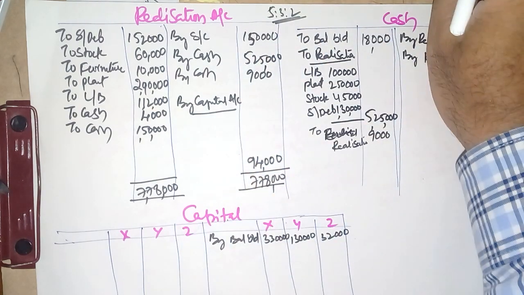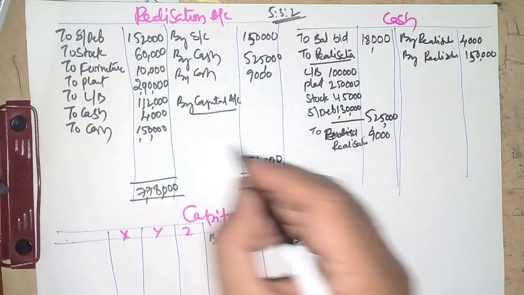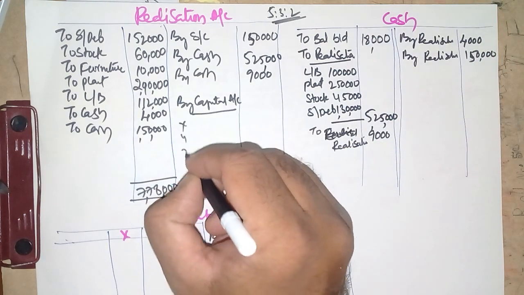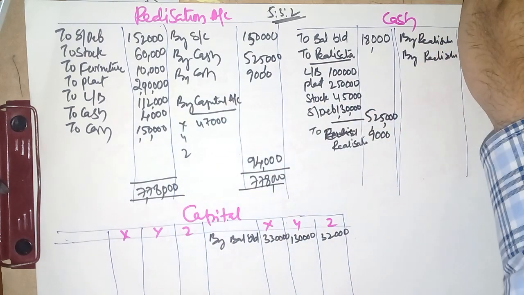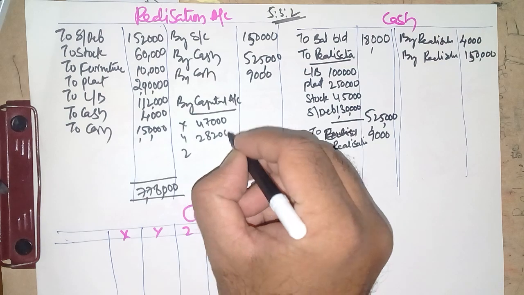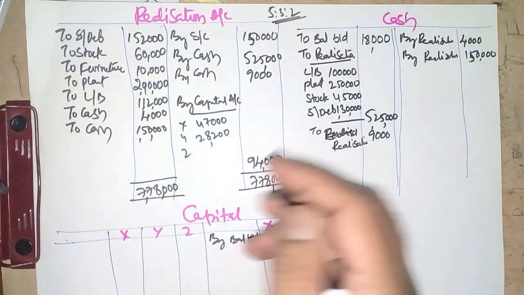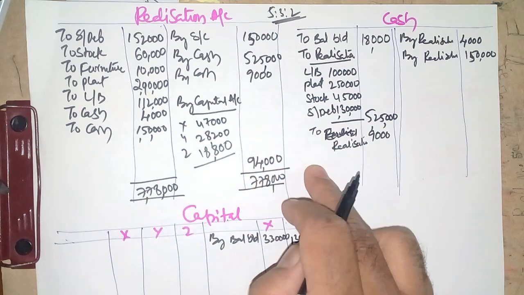So 94,000 divided by 10, times 5. So X will get 47,000. Next is 28,200. And next 18,800. This is the summation of the loss.